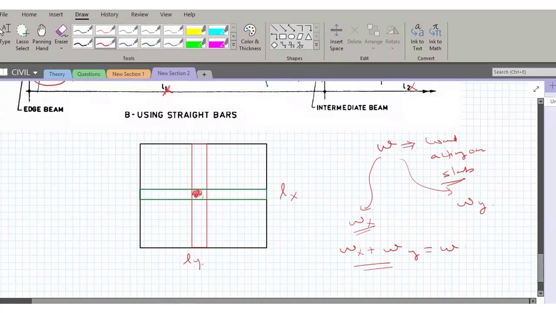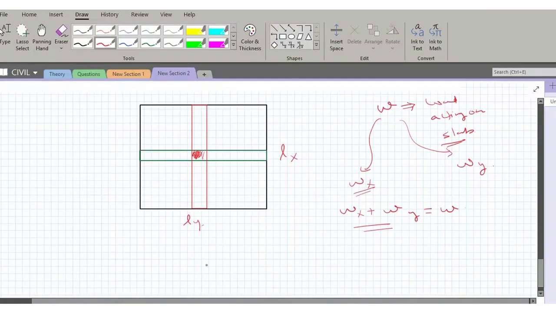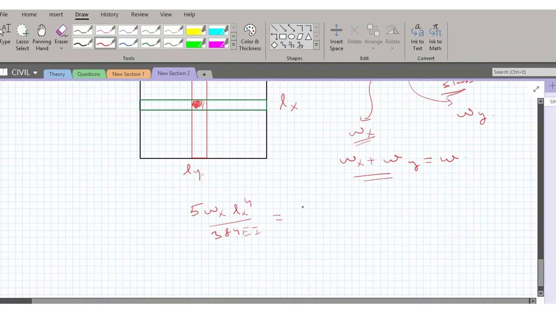Now at common point, you will be having same deflection. So if I equate this expression, 5 Wx Lx to the power of 4 by 384 EI, we had seen this expression when we started discussing slab, 5 Wy Ly to the power of 4 by 384 EI.